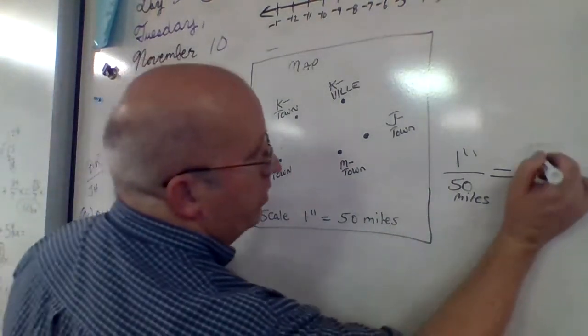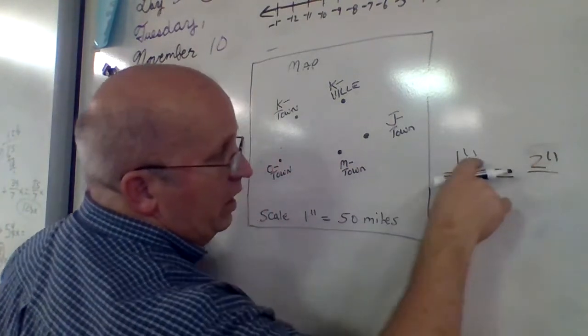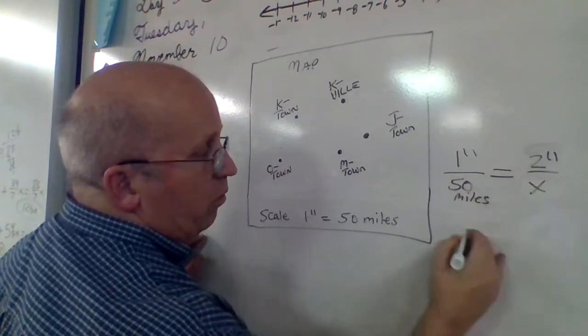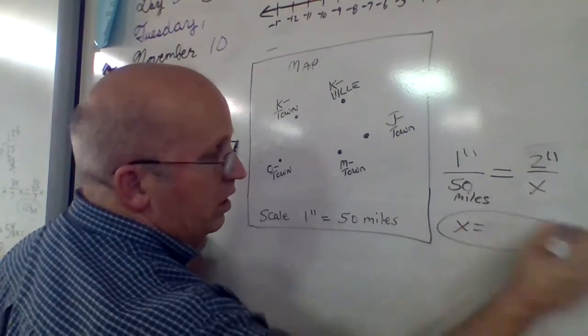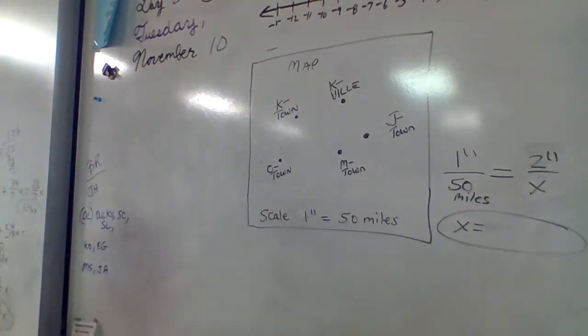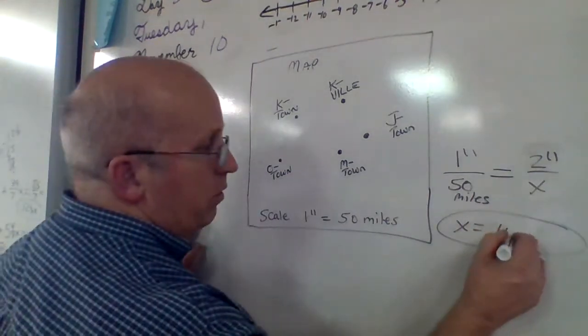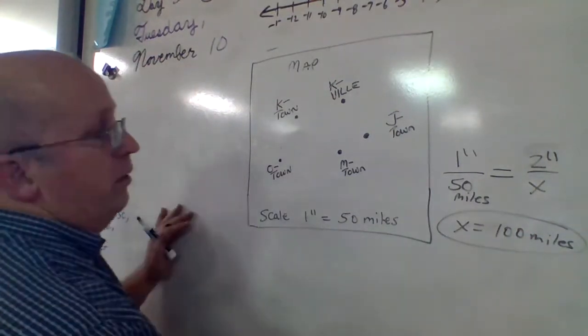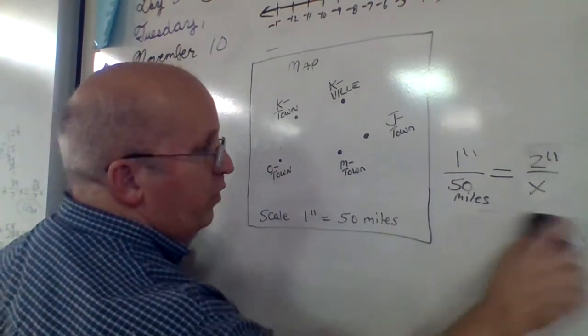Well, it's got to go on the top. We're comparing inches to miles and inches to miles. So with that in mind, how far in real life is it from Maxtown to Josiahtown? Wouldn't it be 100 miles? You betcha.